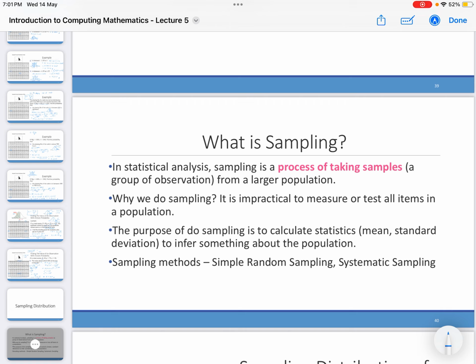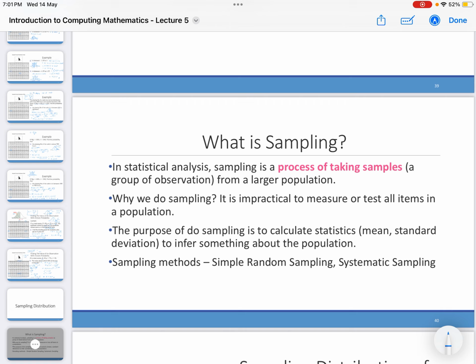So why do we do sampling? It is impractical to measure or test all items in a population because we have quite a big, even infinite, number. So we only take some of it and then measure something. The purpose of sampling is to calculate statistics, for example the mean and standard deviation, so we can infer something about the population.